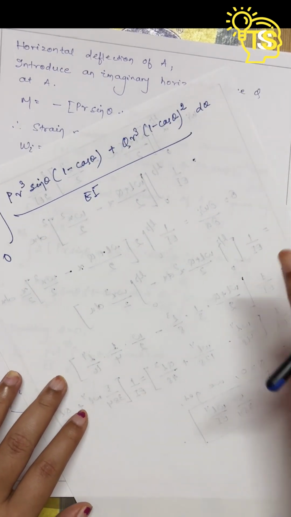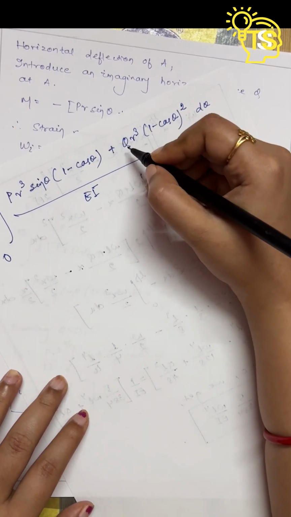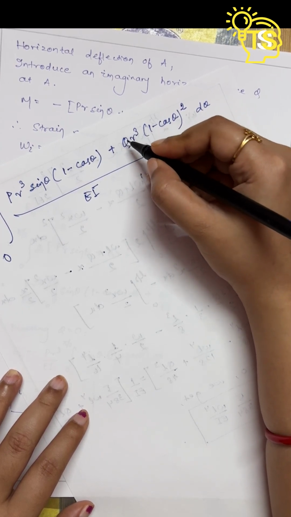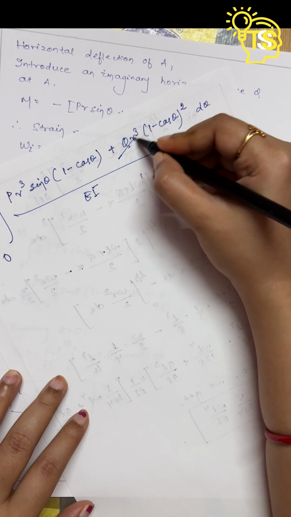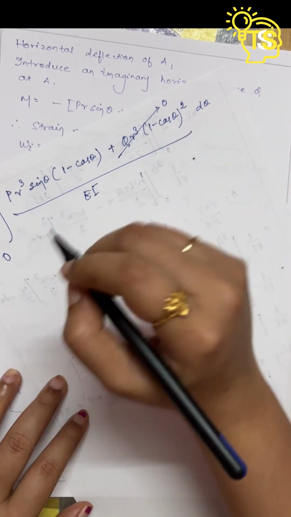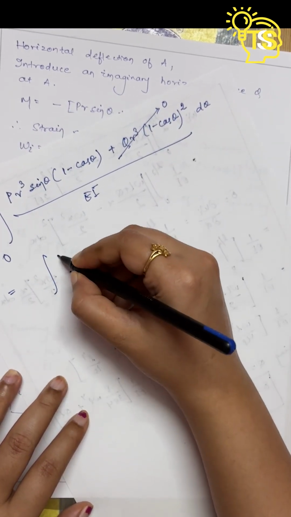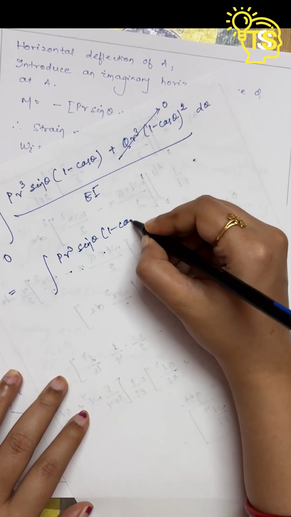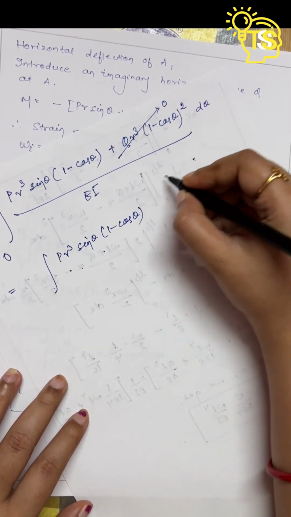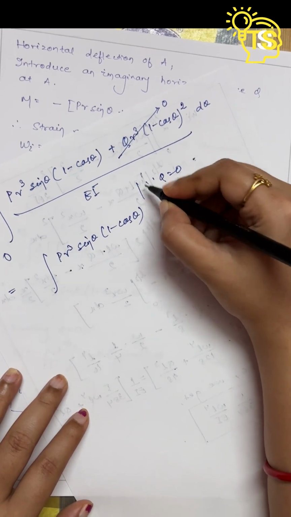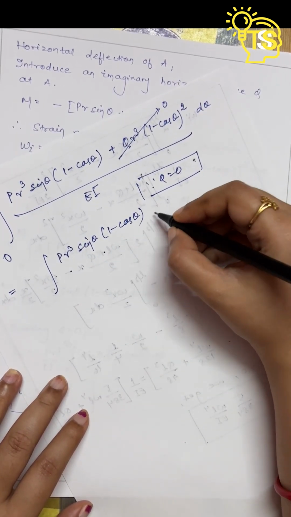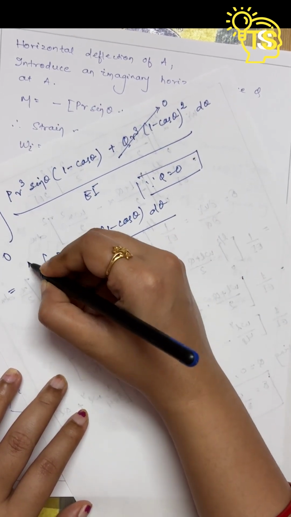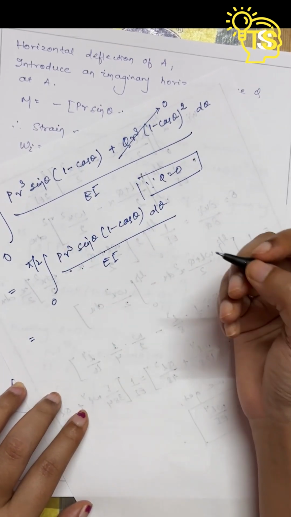Now, as we took the value of Q as 0, let's put the value of Q as 0, so the second term will be 0. So what we are left with is PR cube sin theta (1 minus cos theta) d theta upon EI, from 0 to pi by 2.